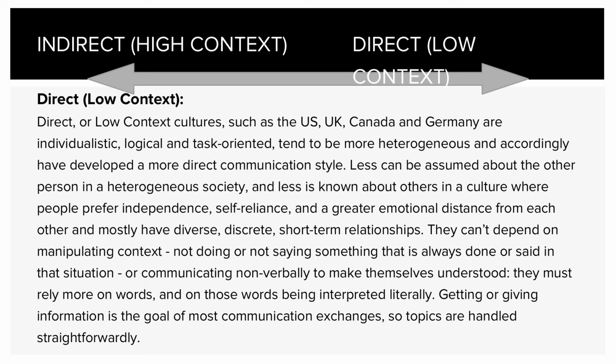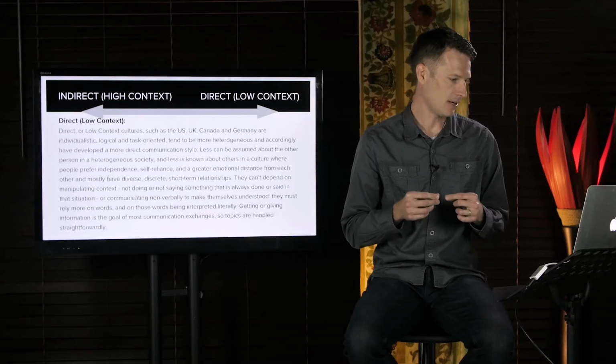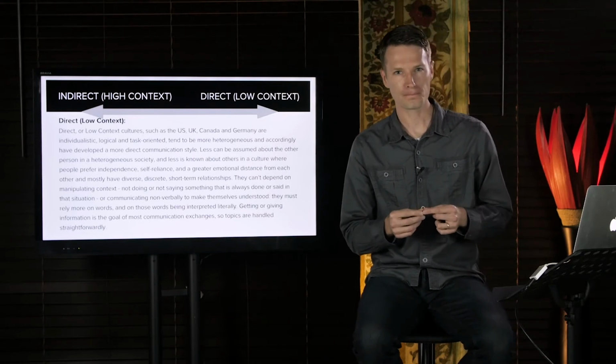They can't depend on manipulating context, not doing or not saying something that is always done or said in that situation, or communicating non-verbally to make themselves understood. They must rely more on words, and on those words being interpreted literally. Getting or giving information is the goal of most communication exchanges, so topics are handled straightforwardly.